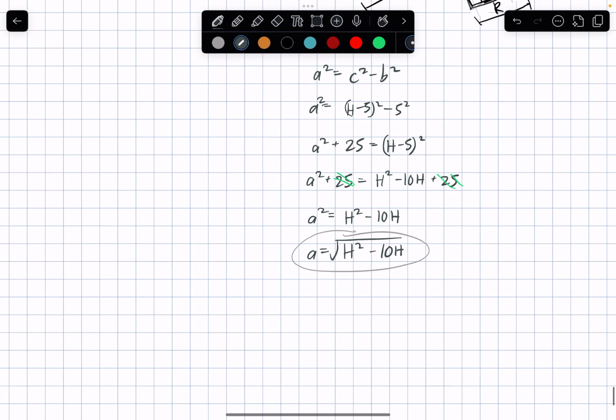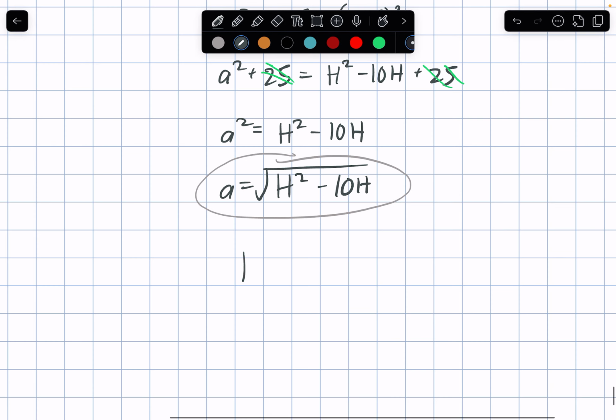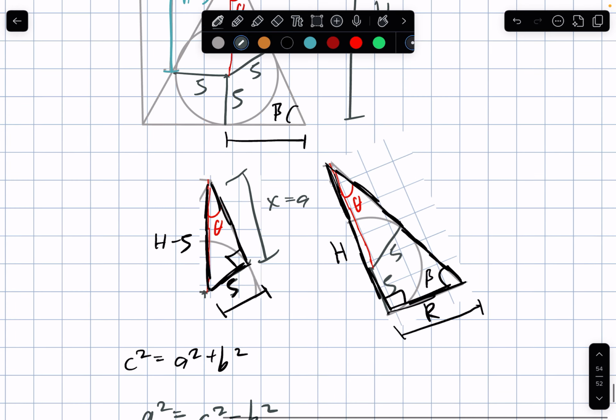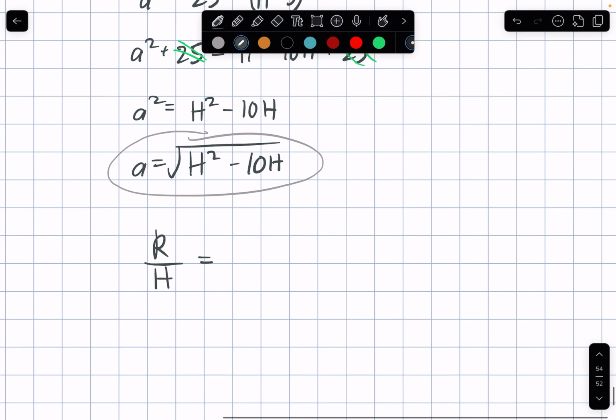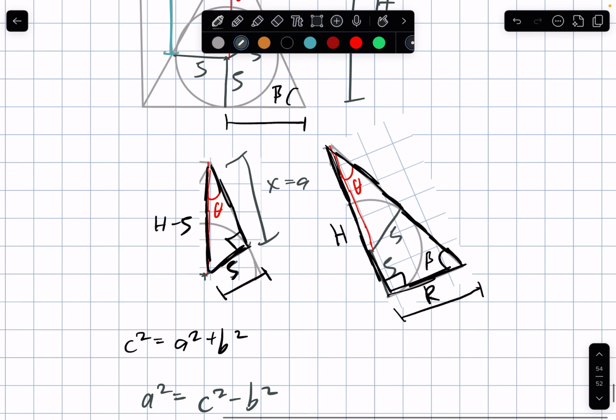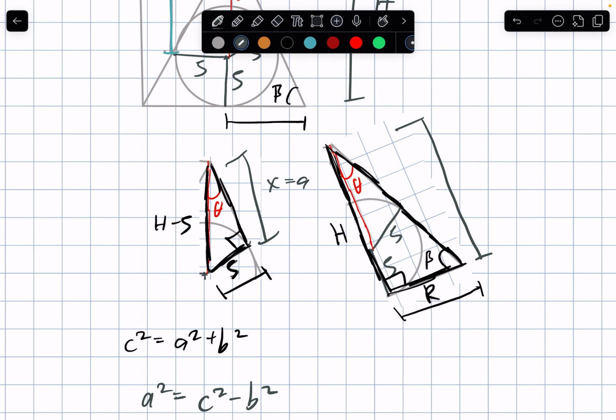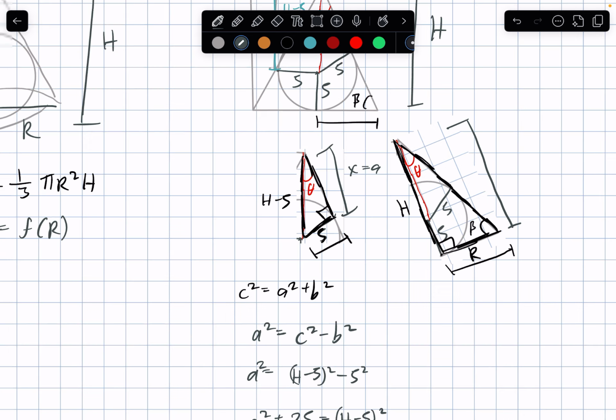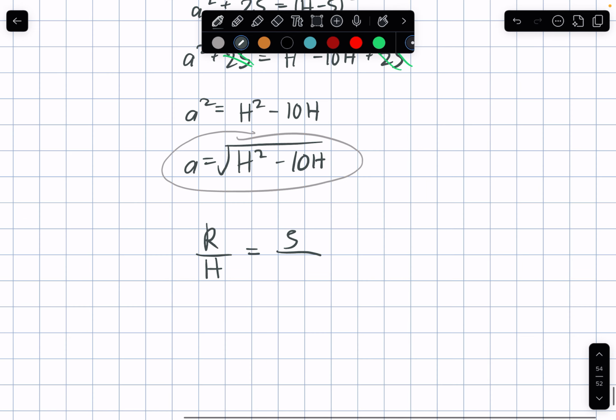After that, let's apply ratio. Radius over height. Radius is equal to 5, right? So the height, it's also this one, since similar triangle. Technically, that is supposed to be a.